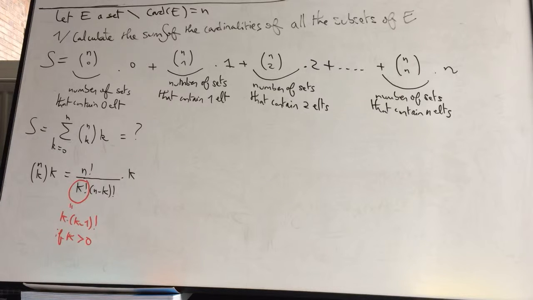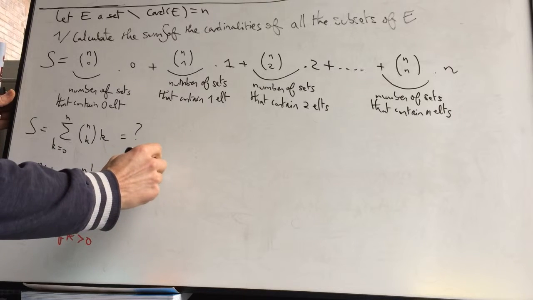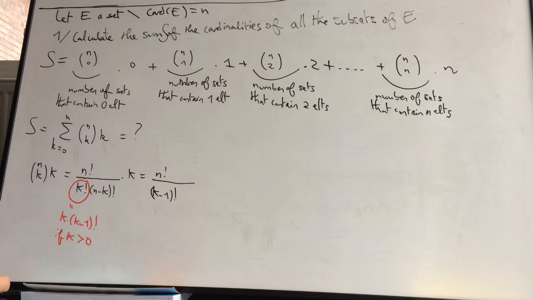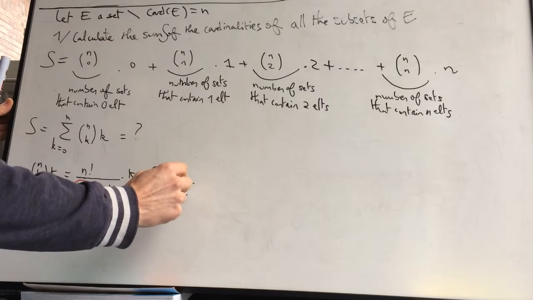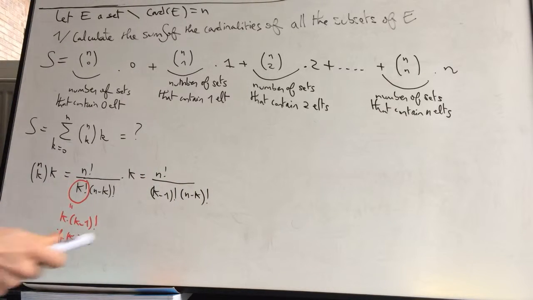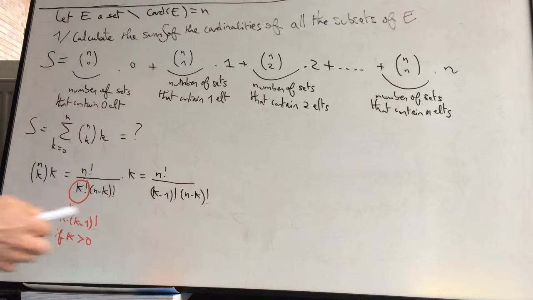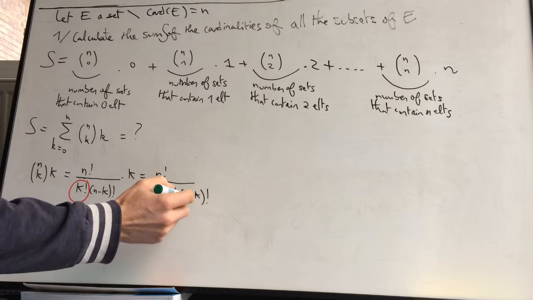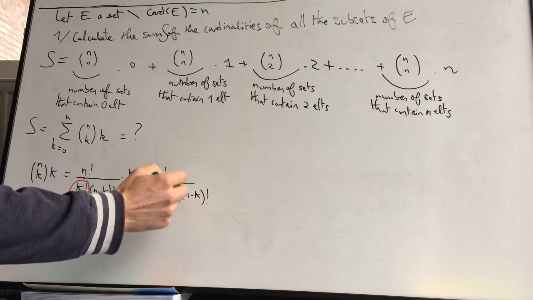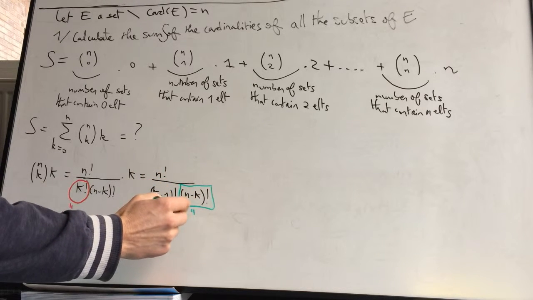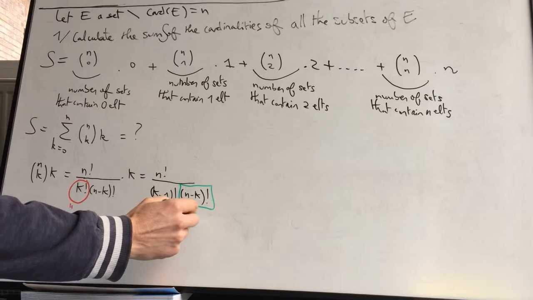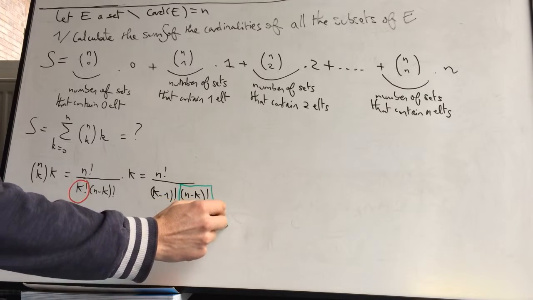Then we get factorial n over factorial k minus 1 factorial n minus k. And here in factorial n minus k we're going to show up k minus 1, because we can write that n minus k is equal to n minus 1 minus k minus 1.